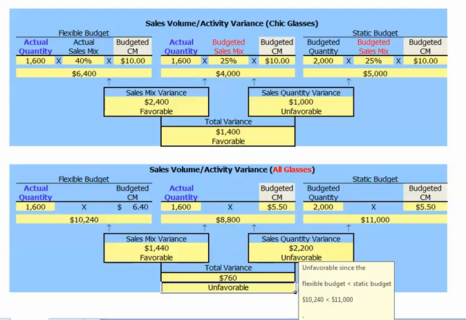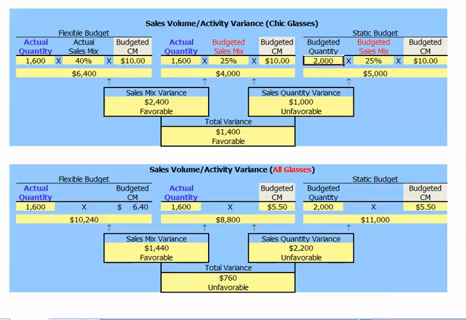So notice we have an unfavorable sales quantity variance because we sold fewer total wine glasses than we had expected. We had expected 2,000. We only ended up at 1,600. Had our sales mix remained constant at that original budget of 75-25, we would have ended up with even lower revenue figures.